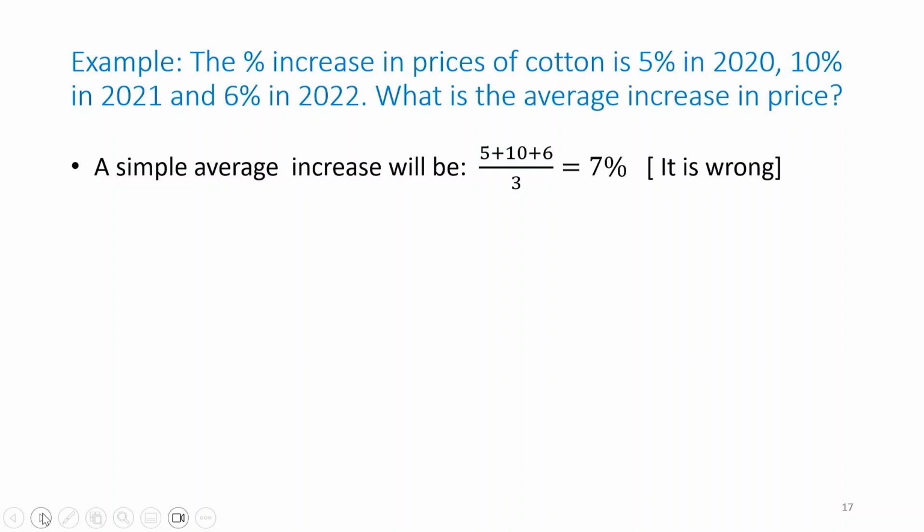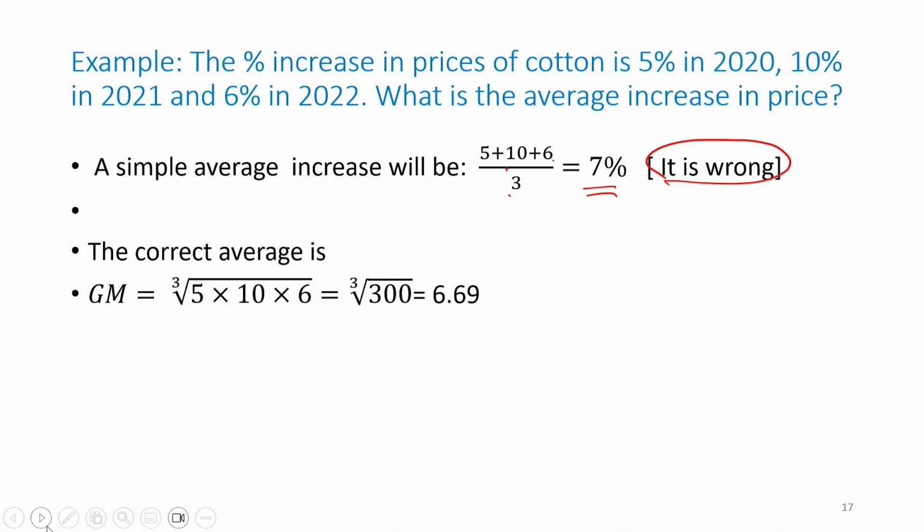A simple average would mean 5 plus 10 plus 6 by 3, which is 7%. But this is wrong. This is not the correct way of finding the average. The correct average is basically this. Geometric mean is this.